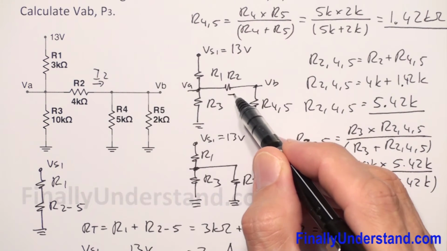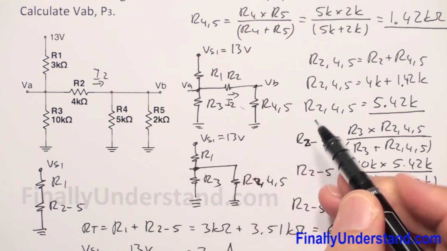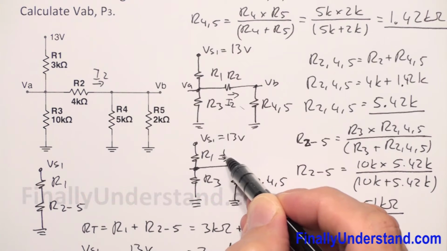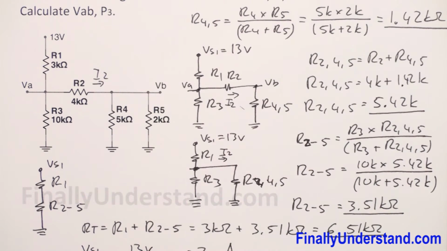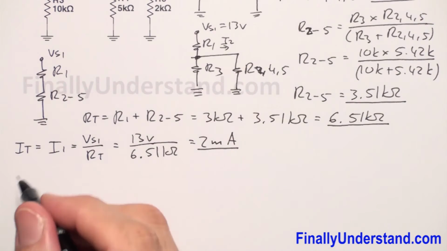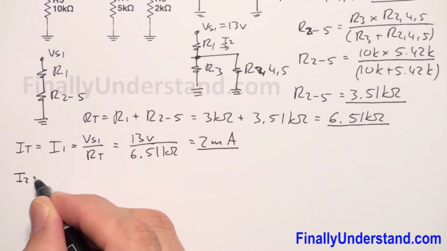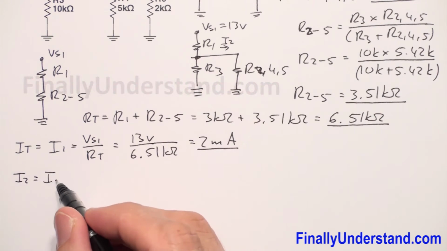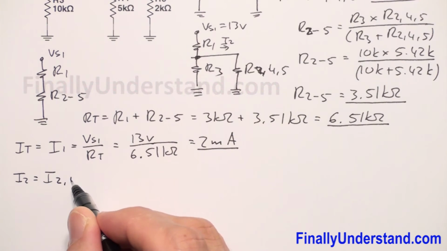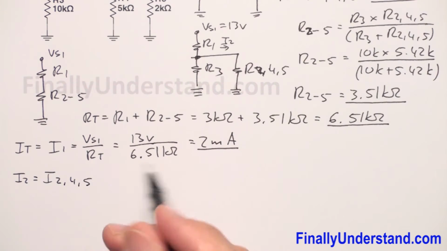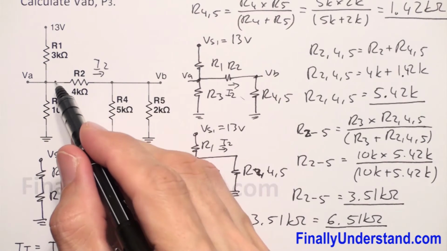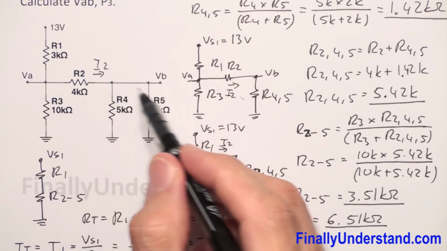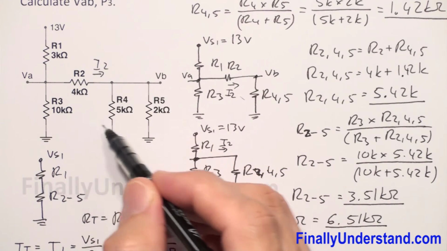This is also current I2, and this is also current I2. I'm supposed to say that I2 is equal to I245. So this is the current flowing through these three resistors.